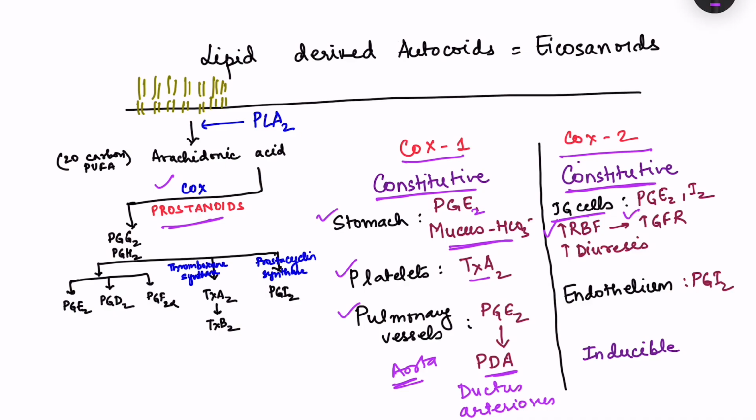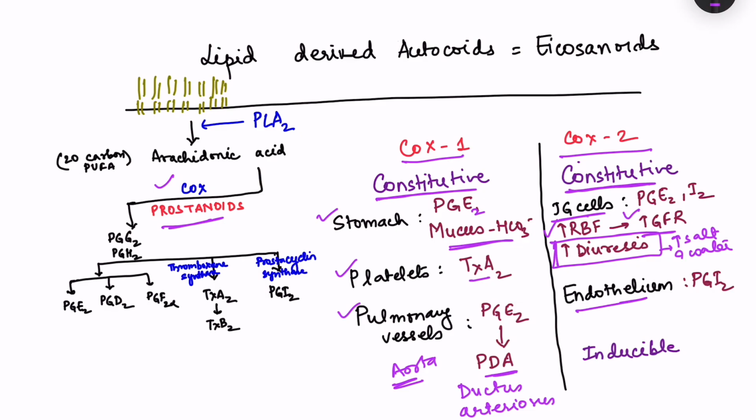Also, it inhibits the tubular reabsorption. So, on one hand, it increases the GFR, on the other hand, it inhibits the tubular reabsorption, thus it increases the diuresis. So, it increases salt and water loss. Okay, that is one thing.